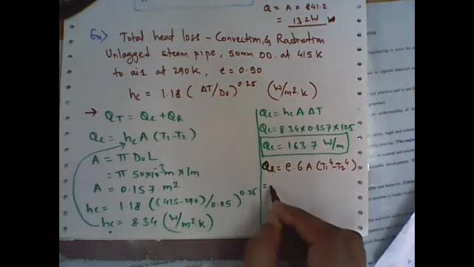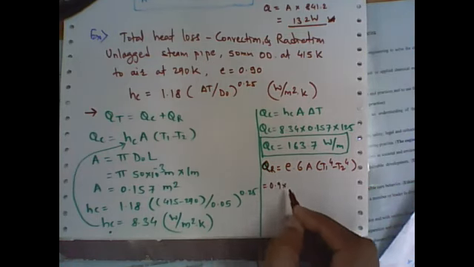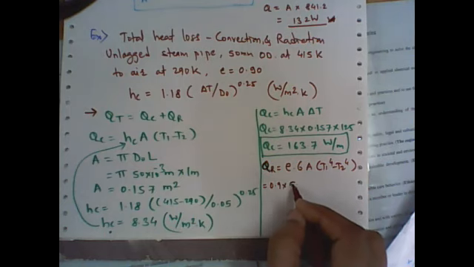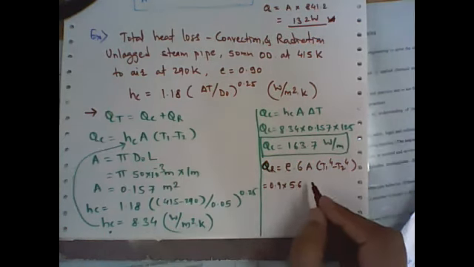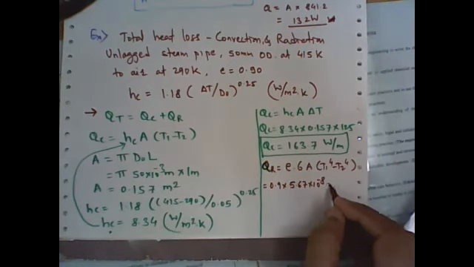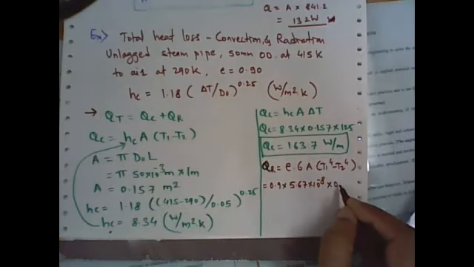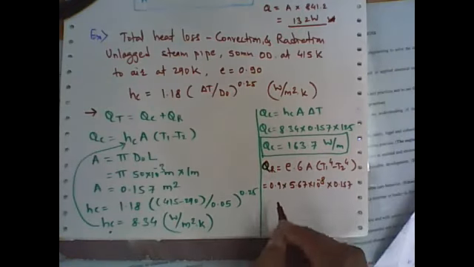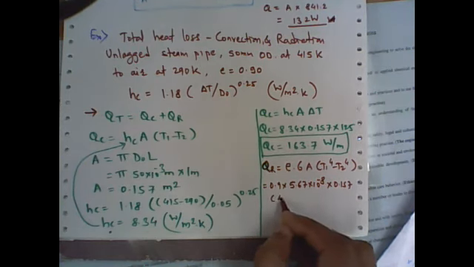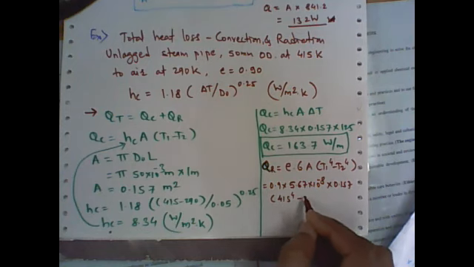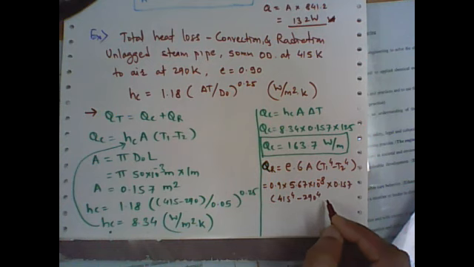E is 0.9, sigma is 5.67 into 10 raised to minus 8, area is 0.157. All the units are in SI, and T1 raised to 4 means 415 raised to 4 minus 290 raised to 4.